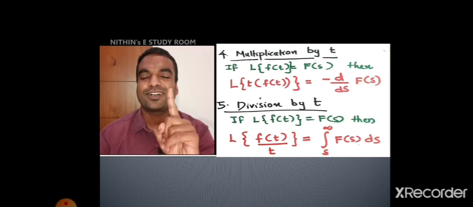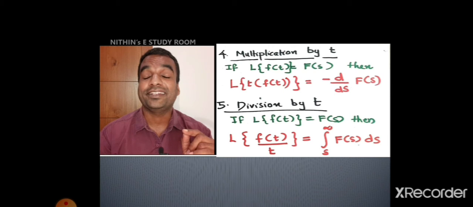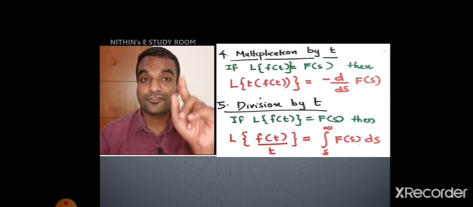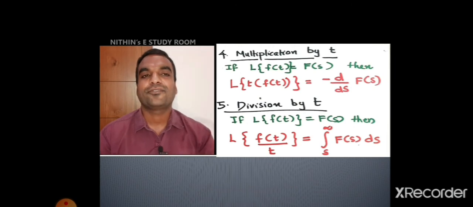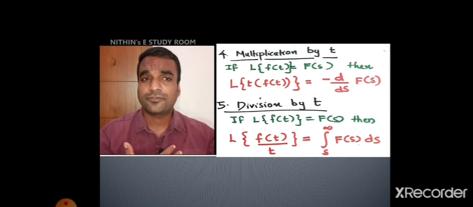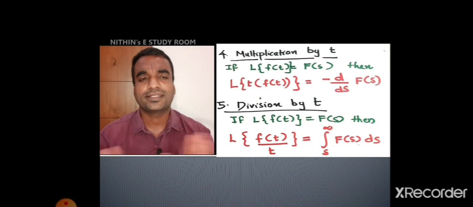If f of t is 1, F of s is equal to 1 by s. Now I am asking you to find the Laplace transform of f of t by t, that is 1 by t. Then what you have to do? You have to integrate the basic F of s, which is 1 by s, with the limit s to infinity. Then you will get the answer.